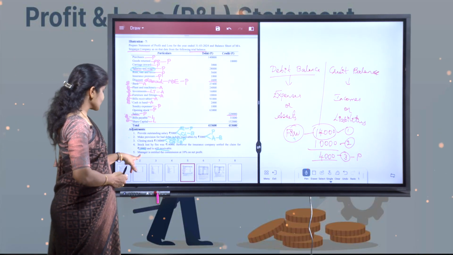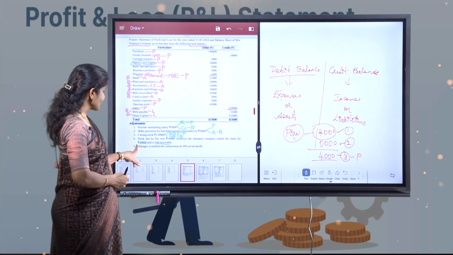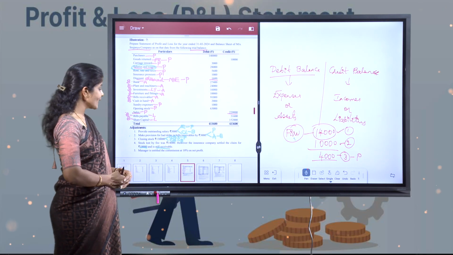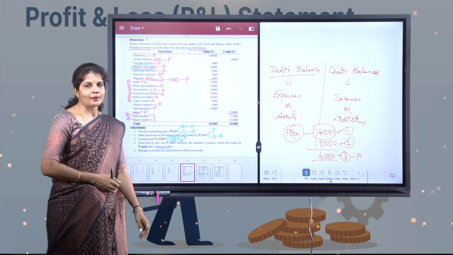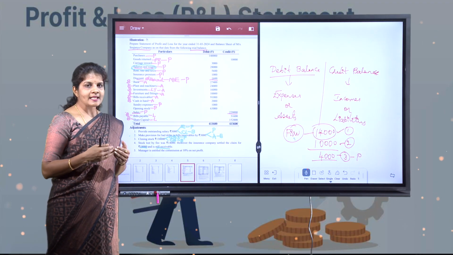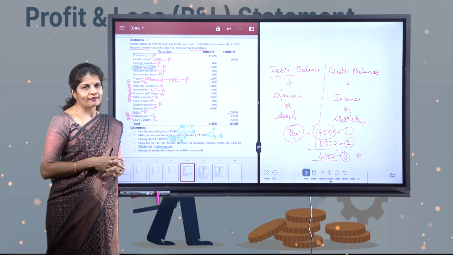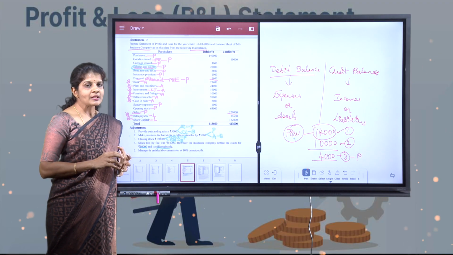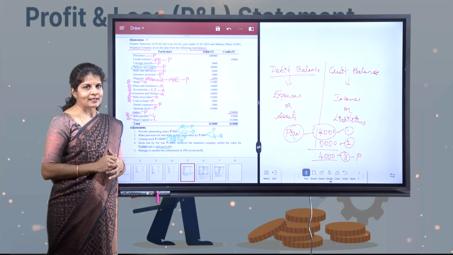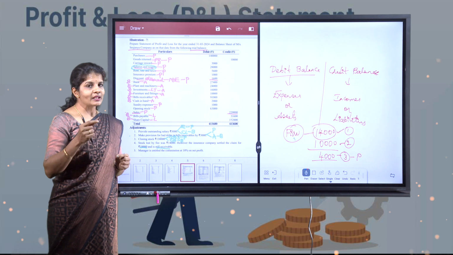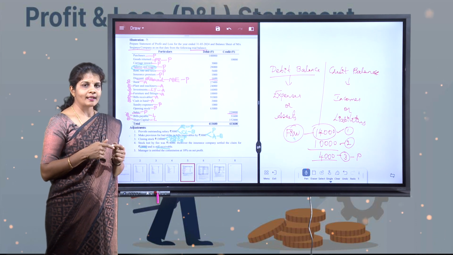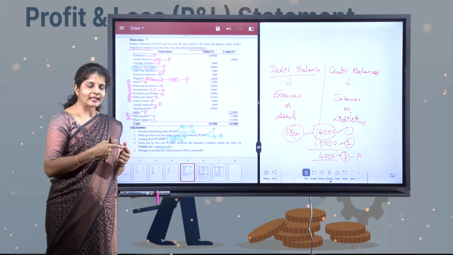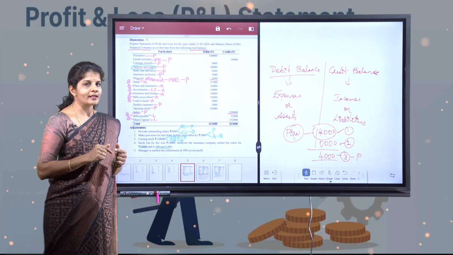Let us go for the last adjustment, that is, the manager is entitled to a commission of 10% on the net profit. Whenever there is an adjustment for managerial remuneration, we need to check whether it should be calculated on the net profit before calculation of net profit or after calculation of net profit.